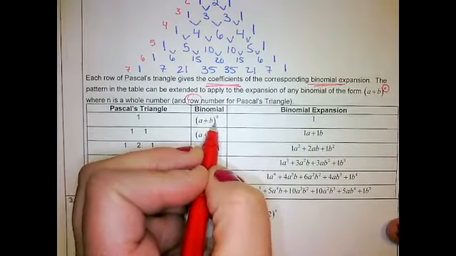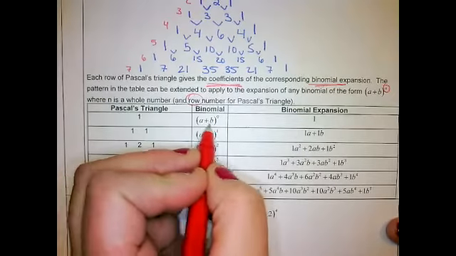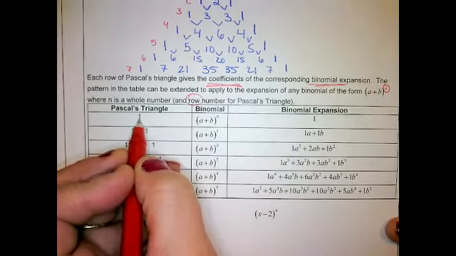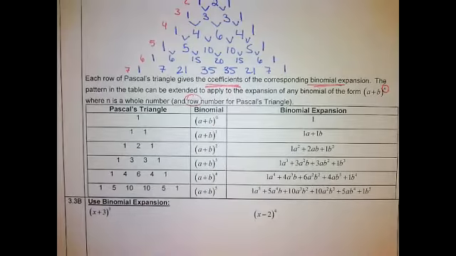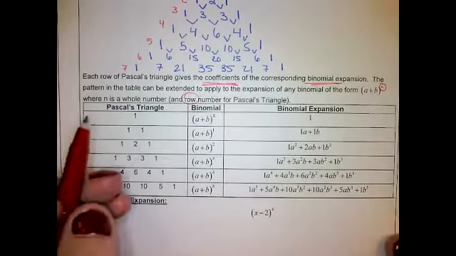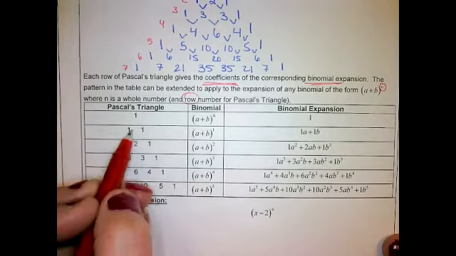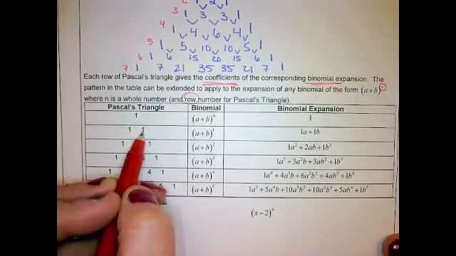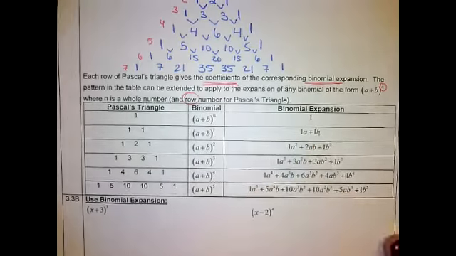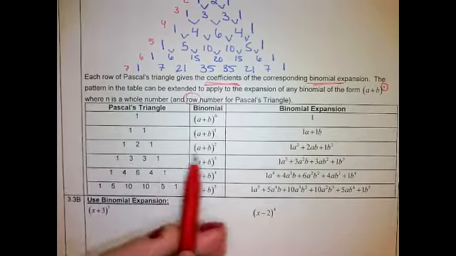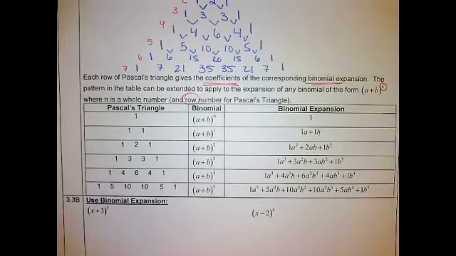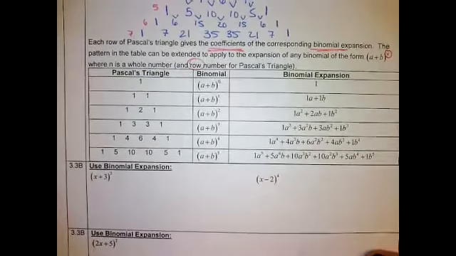If we have a binomial to the 0th power, Pascal's triangle has a 1 in that 0th row, which means our binomial expansion is 1. To the first power, these are our coefficients and our variables. The biggest thing we're looking for here is our coefficients. Then I'm going to walk you through some tricks to use this.